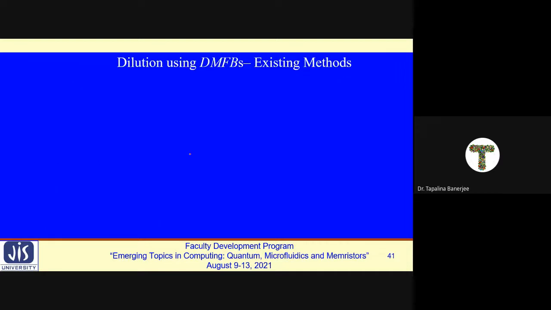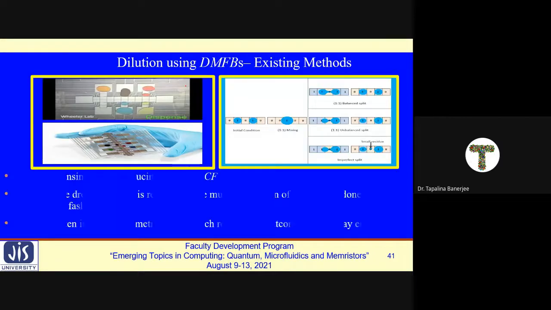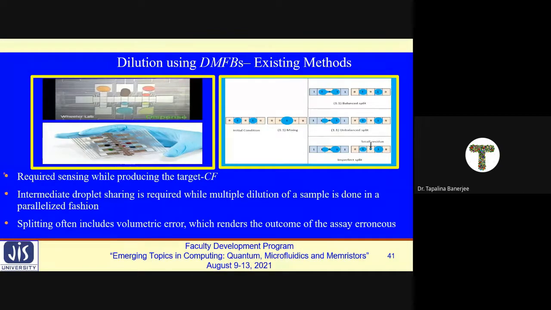Now, if we consider dilution using DFMBs, then the existing methods mostly suffer from these possibilities. It requires sensing while producing the target CFs, and intermediate droplet sharing is required while multiple dilutions of a sample are done in a parallelized fashion. Now, if you can see here, the splitting is there.